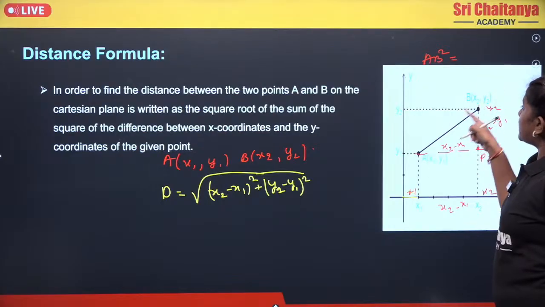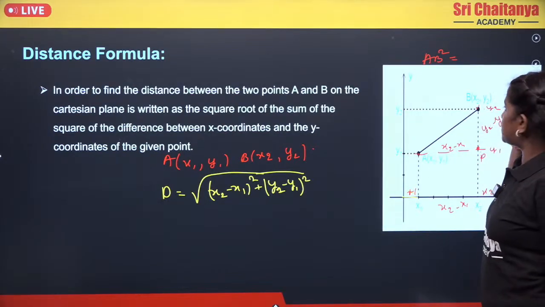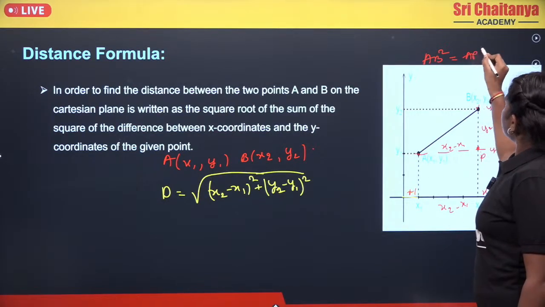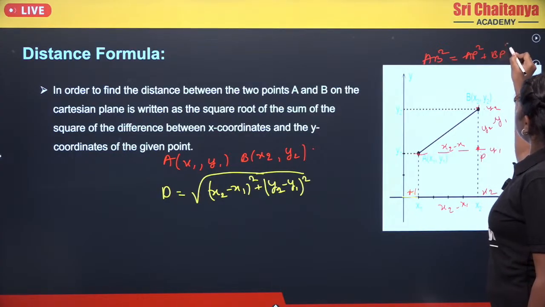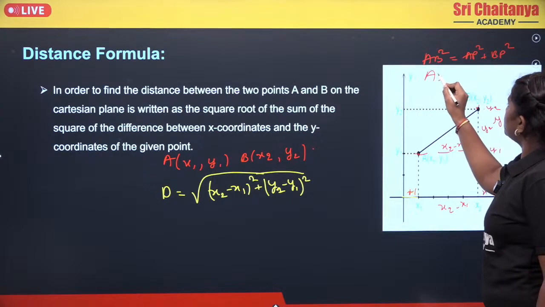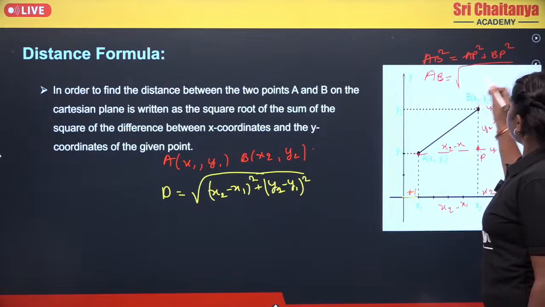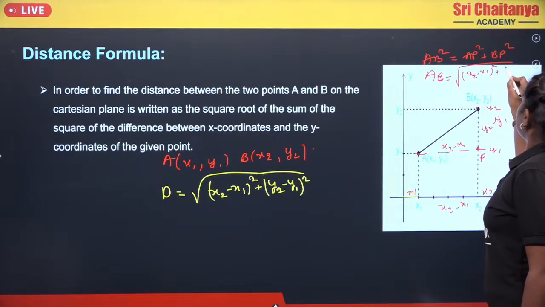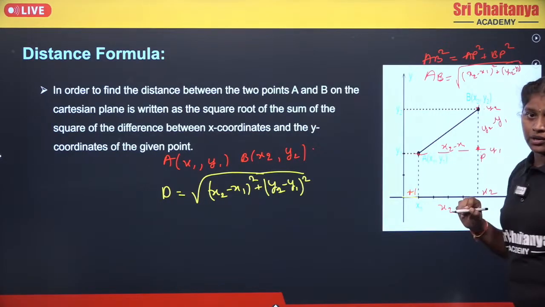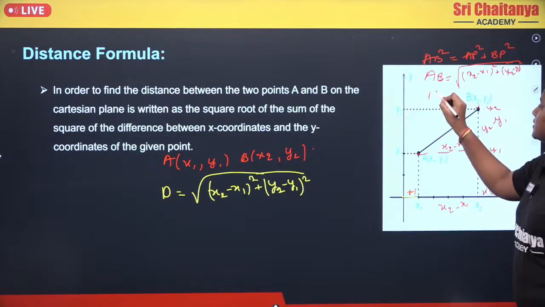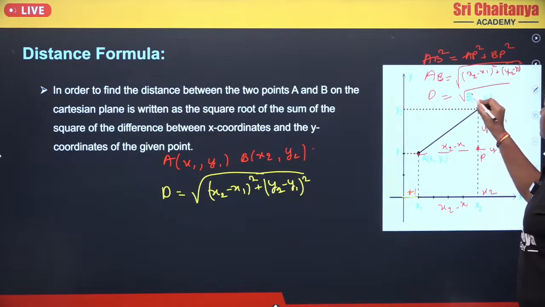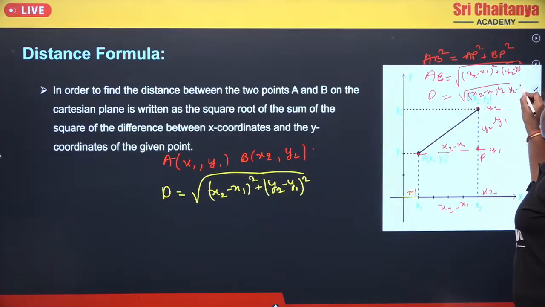So AB square, which is the distance between those 2 points, equals AP square plus BP square. So AB equals root of (x2 minus x1) whole square plus (y2 minus y1) whole square. Okay. So from there you will get your distance formula, root of (x2 minus x1) whole square plus (y2 minus y1) whole square, right?